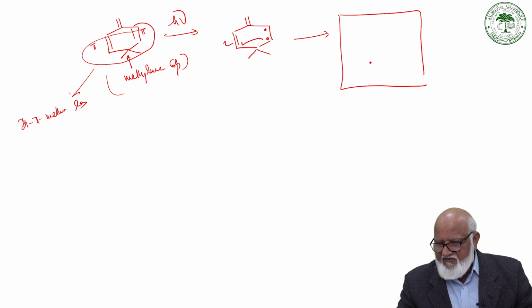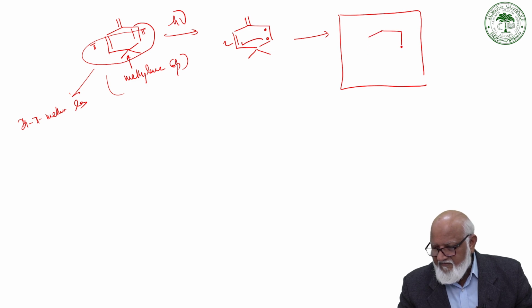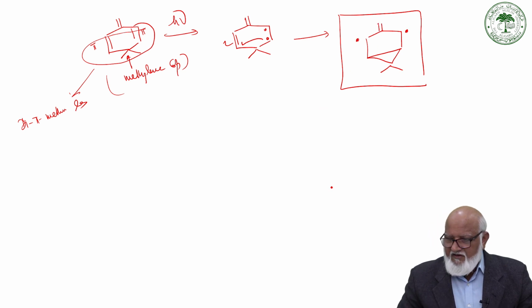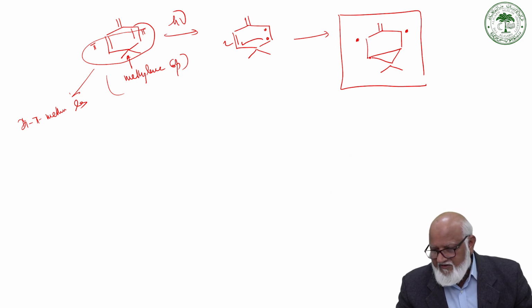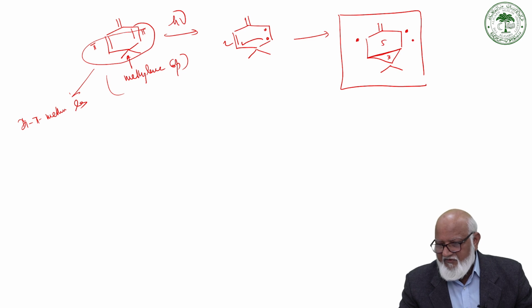The main intermediate is cyclopropyl. This is the main intermediate which is formed involving di-pi-methane rearrangement. There is a new bond formation, a cyclopropyl ring, a 3-membered ring, fused to a 5-membered ring.